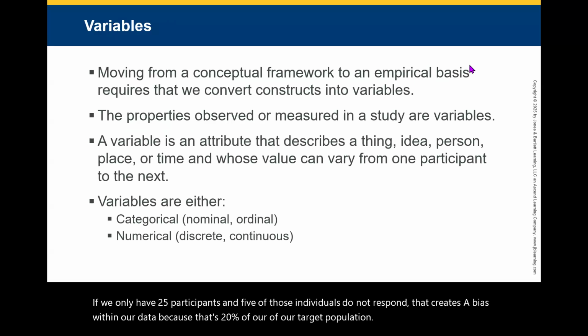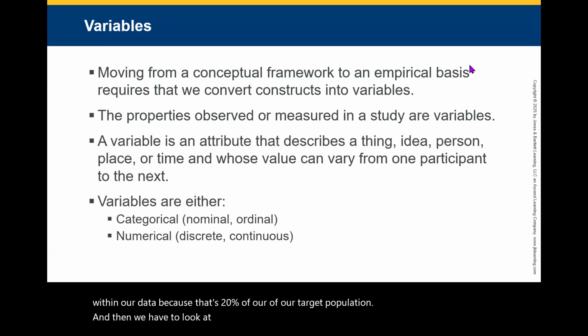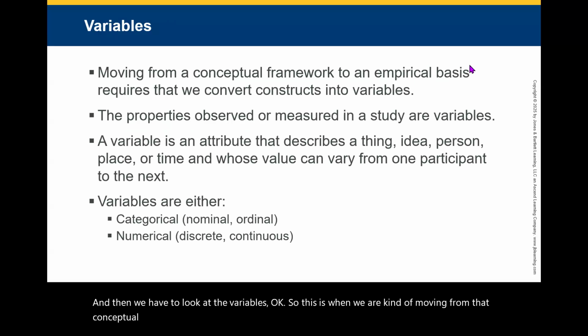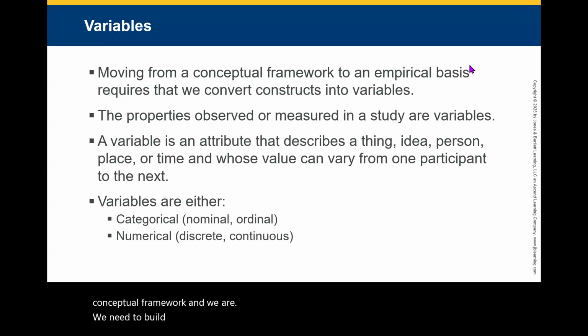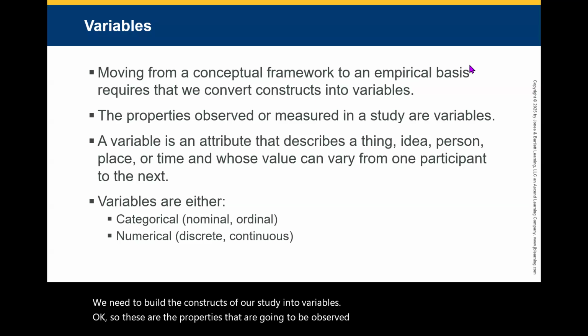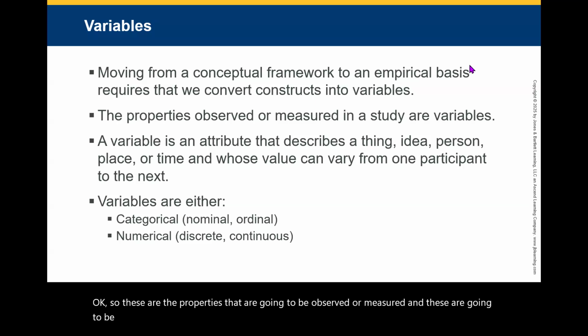And then we have to look at the variables, okay? So this is when we are moving from that conceptual framework, and we need to build the constructs of our study into variables. Okay, so these are the properties that are going to be observed or measured, and these are attributes that describe a thing, an idea, a person, place, or time, and whose values can vary from one participant to the next.